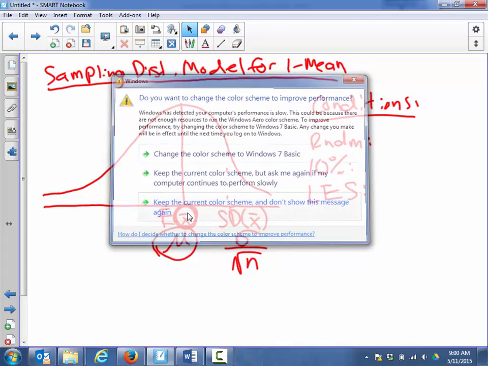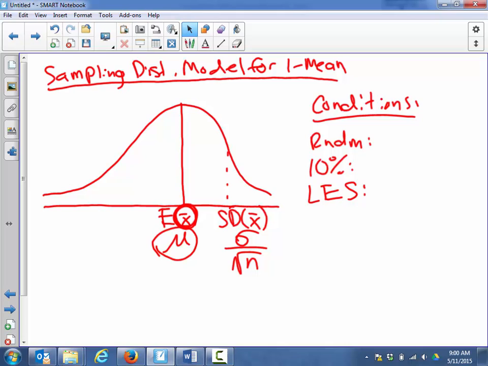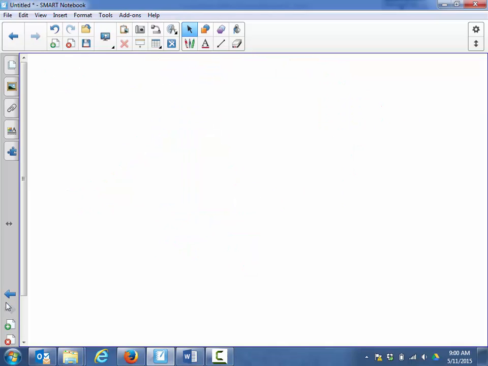You need to make sure that you believe the heights of individual students here at Yorktown is both unimodal and symmetric. If you're taking a larger sample, let's say you've got 40 people, you need to make sure that the population of individual heights of students is unimodal but not necessarily symmetric. So the large enough sample condition is checked a lot like the nearly normal condition.